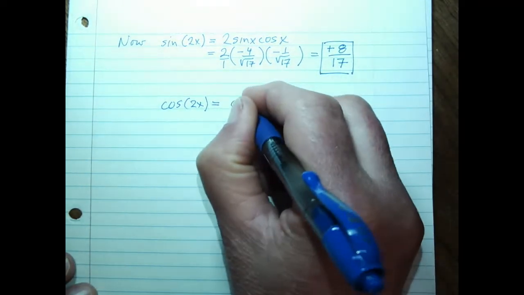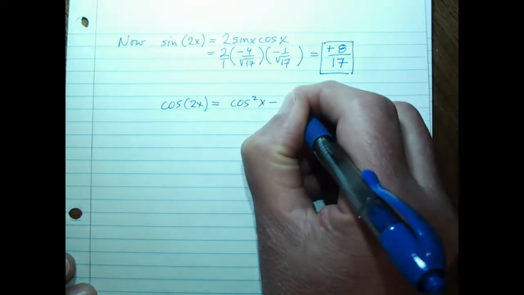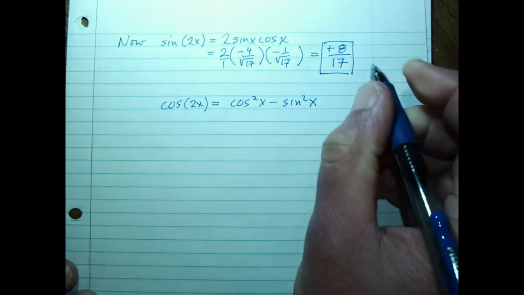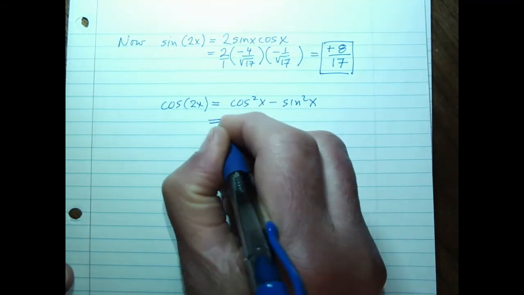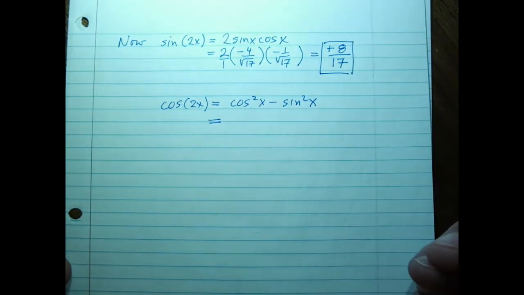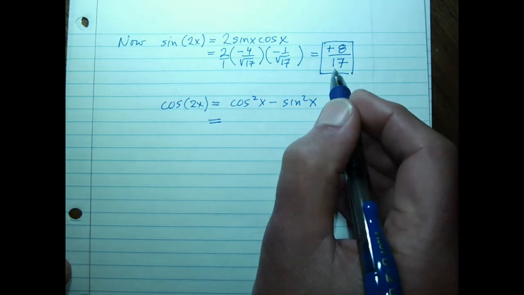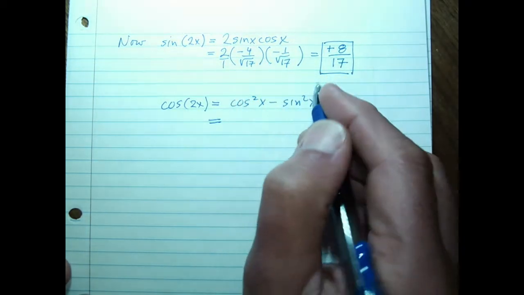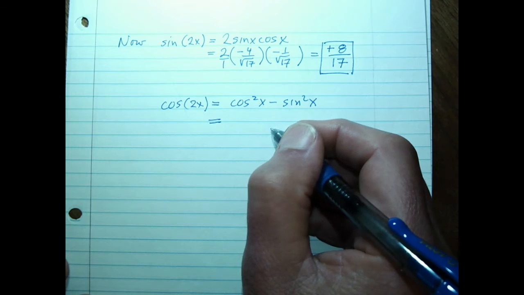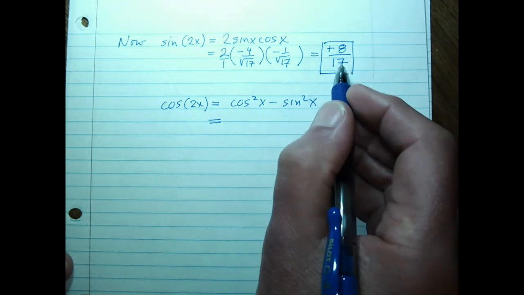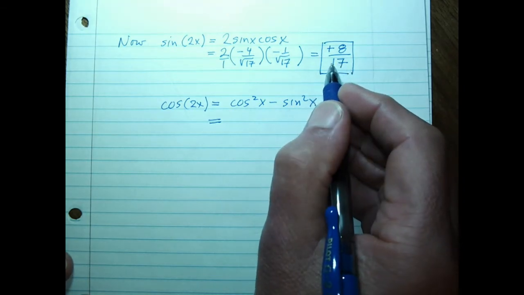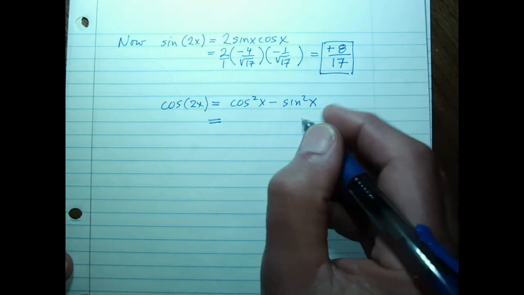I'm going to use cosine squared x minus sine squared x. In fact, I could also try figuring it out from 8/17. But the funny thing is, I don't yet know exactly what quadrant I'm in with this 2x, because it could be 1 or 2, and that doesn't tell me whether cosine is positive or negative.